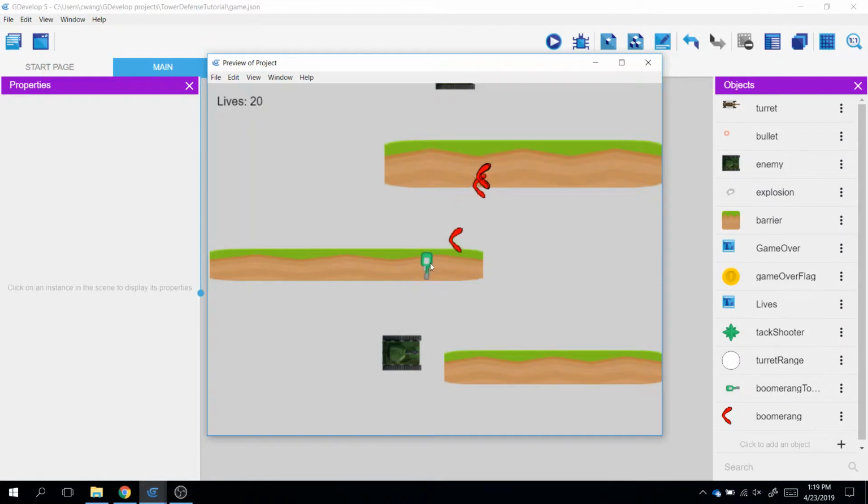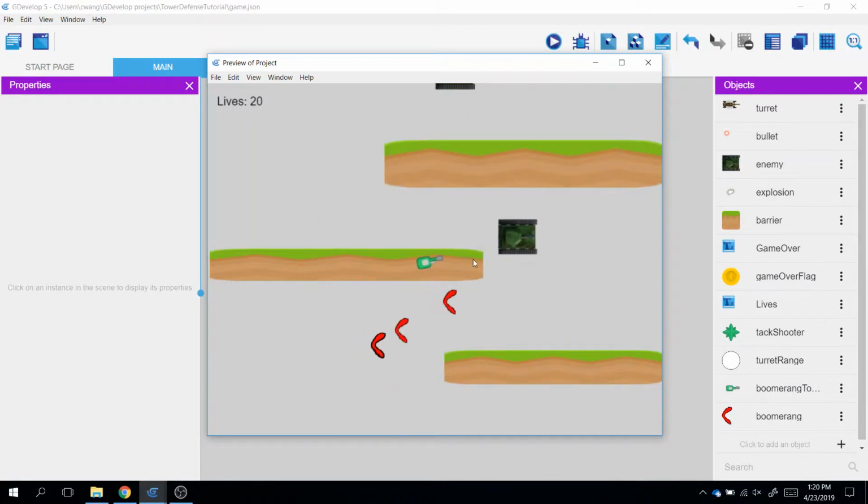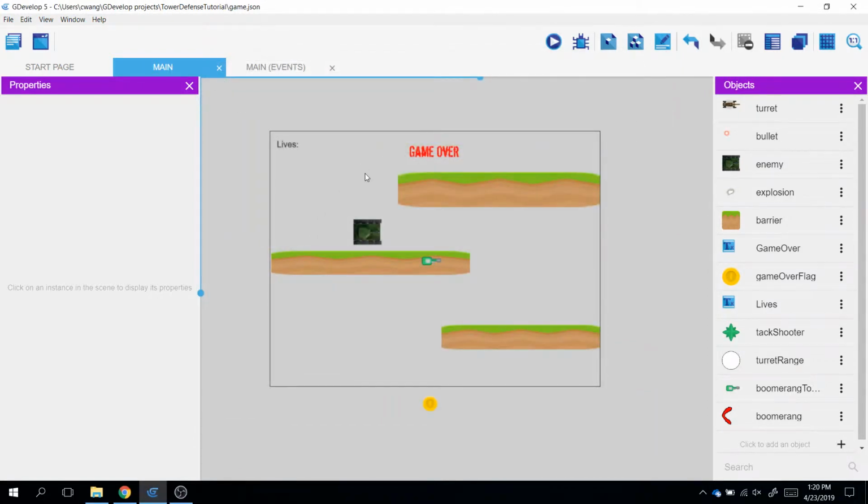Why is that? Well, let's see. Is the range working? Kind of. Maybe. So let's go ahead and try to debug this problem.